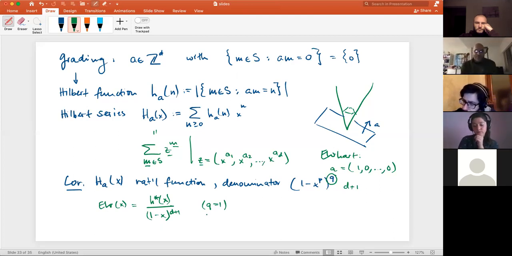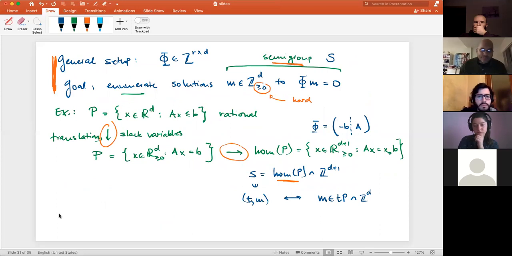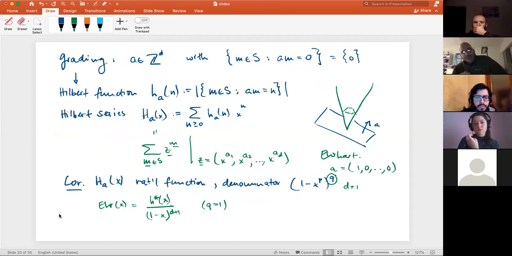There are various reasons why I wanted to show you this. One reason is that in this very general setting, where you give me some crazy matrix and I form this very general semigroup, and you give me the grading that you want, at the end of the day these counting functions look not too far away from Ehrhart polynomials, or as a generating function, not too far away from Ehrhart series.